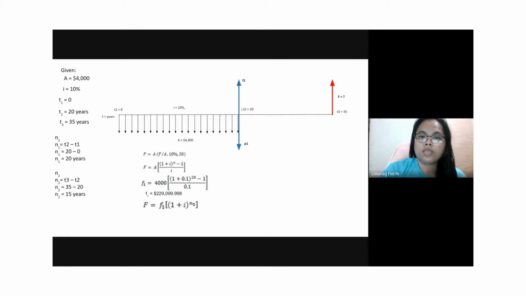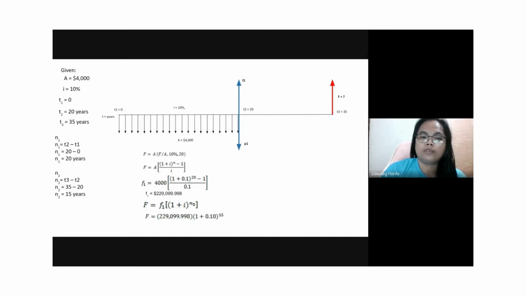We assume that this is now the equivalent present worth P1, and the new N that we will use is 15 years.